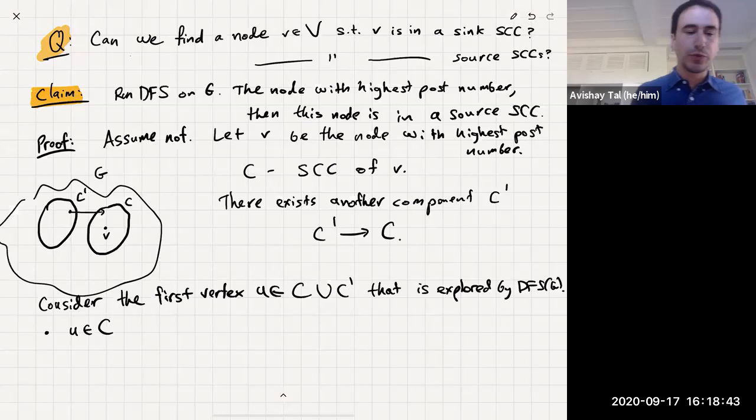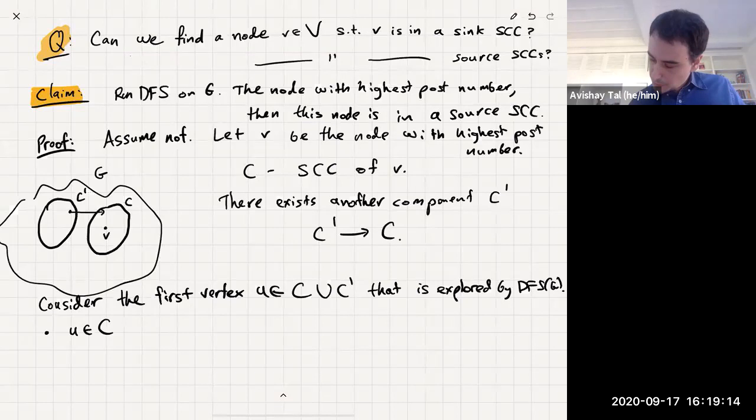In particular, you would reach all of C, including V, and you would not reach any of the vertices in C prime, because there's no edge going from C to C prime, and there's no path going from C to C prime.